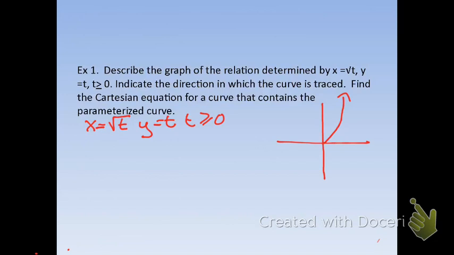So I have that, and then we can go through and find the Cartesian coordinate equation. The way we find this graph, if we were going to do it by hand, would be creating that t, x, y chart. So you then have your values of t. Since it's a square root, I would do 0, 1, 4, and 9. Then I could substitute it in for my x equation, 0, 1, 2, 3, and my y would just be 0, 1, 4, 9.